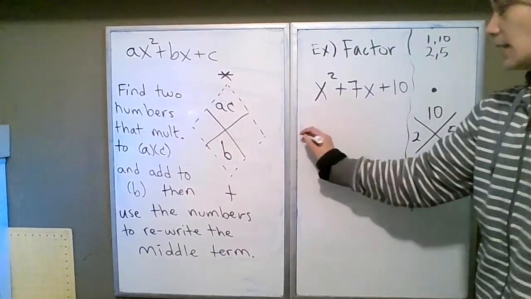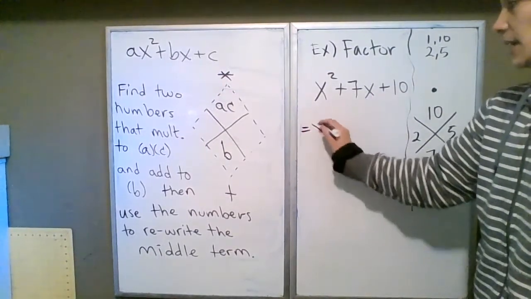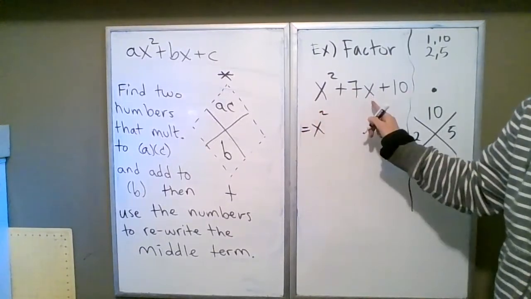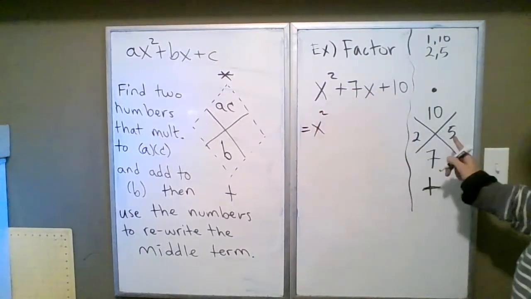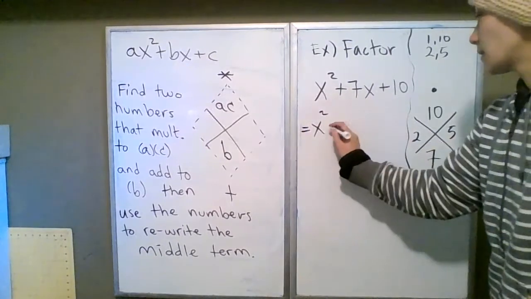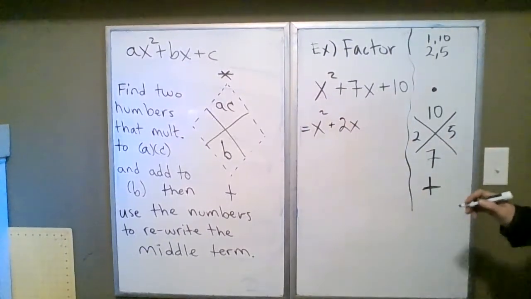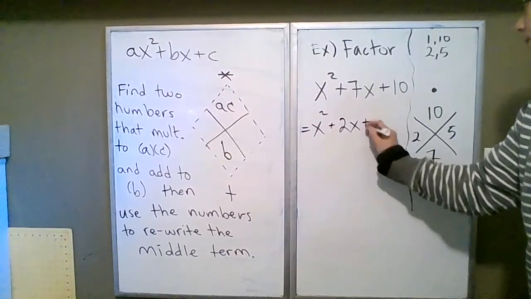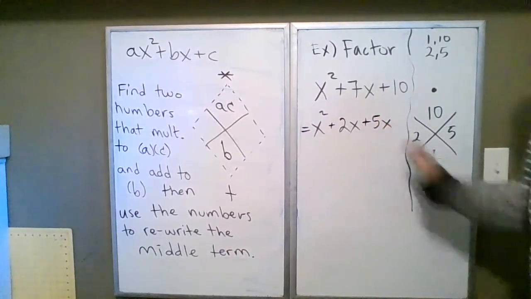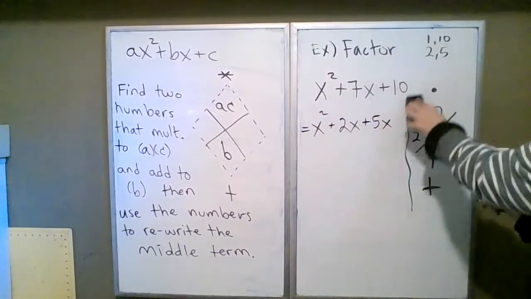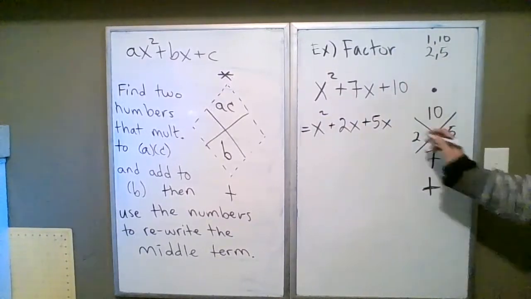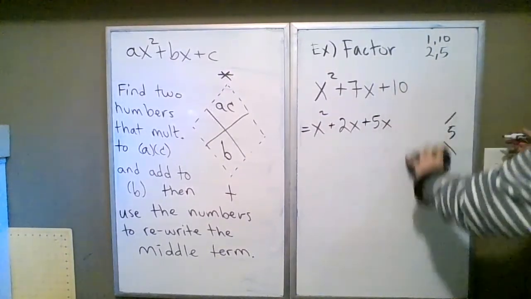So we leave the x squared, rewrite the middle term as 2x plus 5x. Then we need the plus 10.